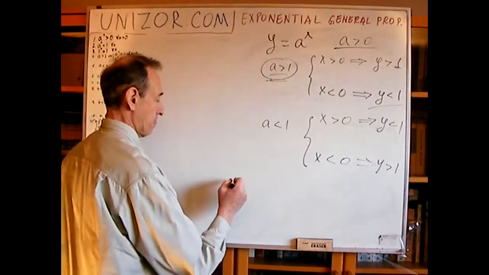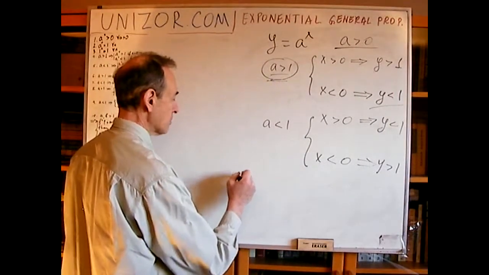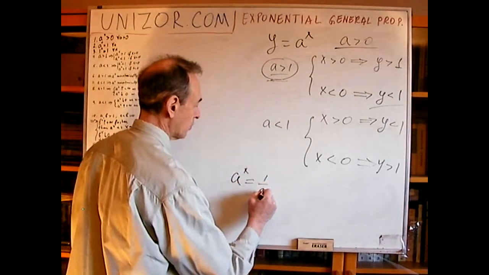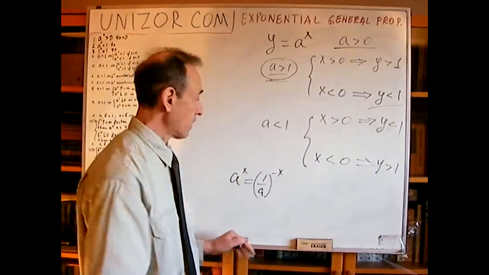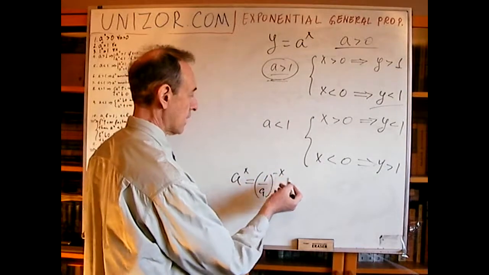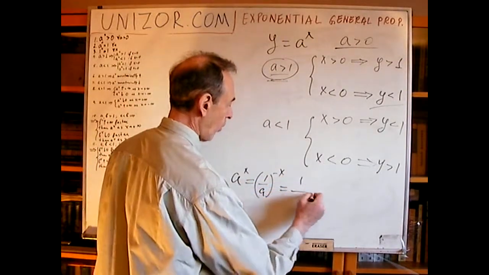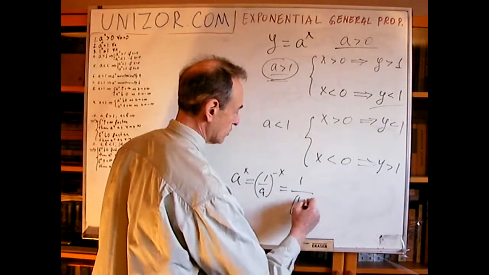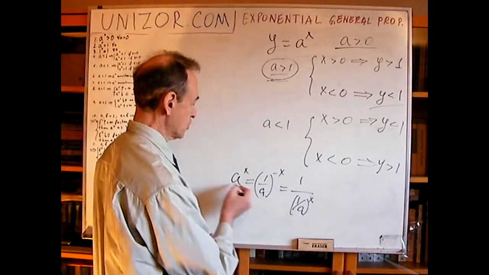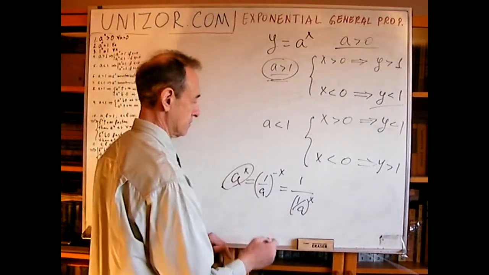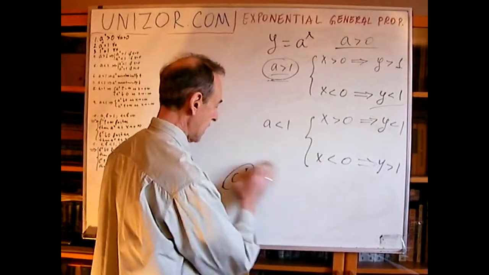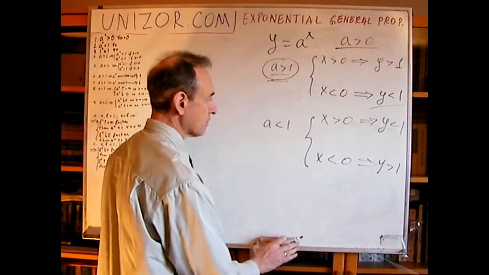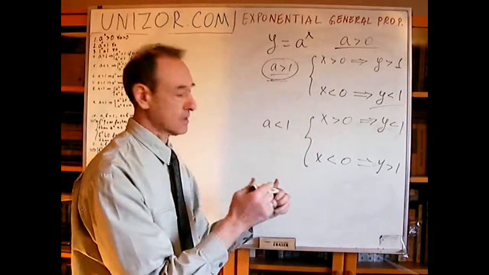Look at this. A to the power of x is equal to 1 over a to the power of minus x. That's obvious, right? Because what is minus x? Minus x means 1 over a to the power of x, right? Now, having done that, I can basically refer everything to an opposite case.